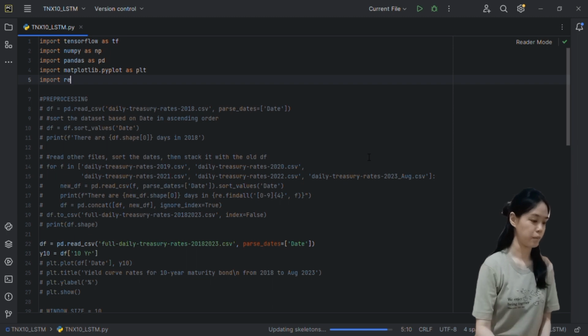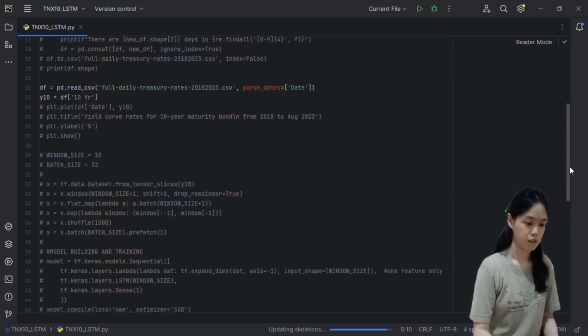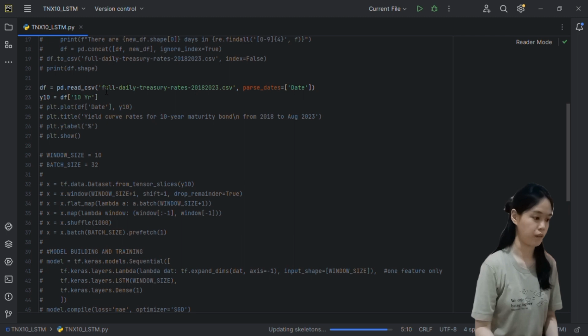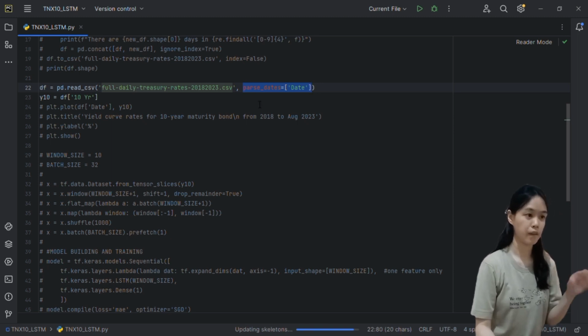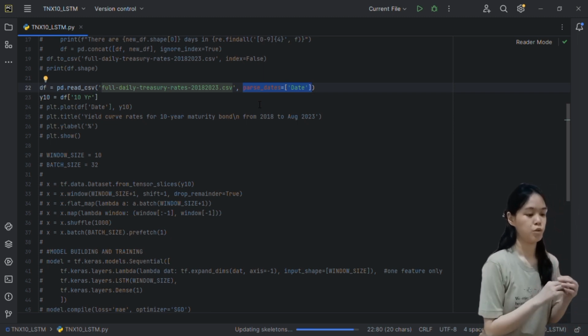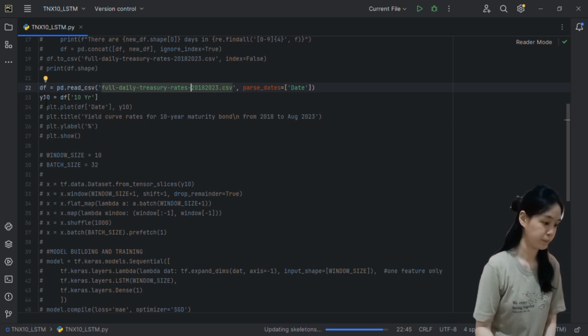Okay, so here we are back in our pie chart. Now we want to make our time plot. So first of all, we need to load our CSV file, the full dataset that we've provided earlier. And the parse date here, because I want Python, or pandas in this case, to see the date column as the type datetime.